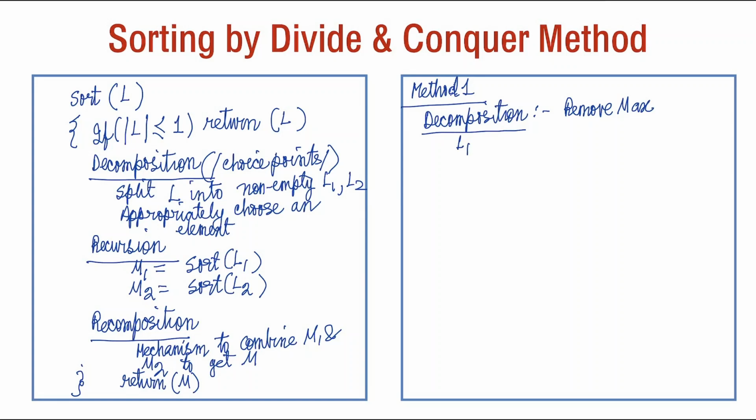So L1 was the max of L, and L2 was L minus L1.